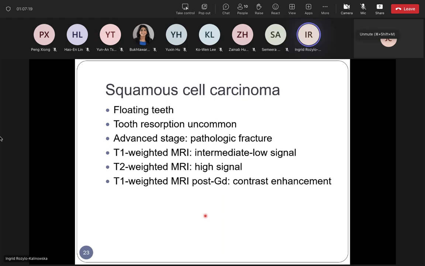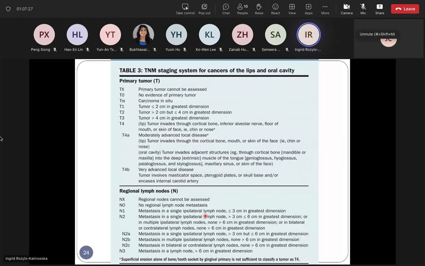What's important, of course, you don't have to learn this by heart, but you need to know, for me here in radiology, but also for maxillofacial surgery in the future, that there is something called TNM classification. T stands for tumor, N stands for nodes, and M stands for metastasis. These classifications are extremely useful for clinicians because they have different approaches to treatment of different tumors based on the degree of advancement of the process.